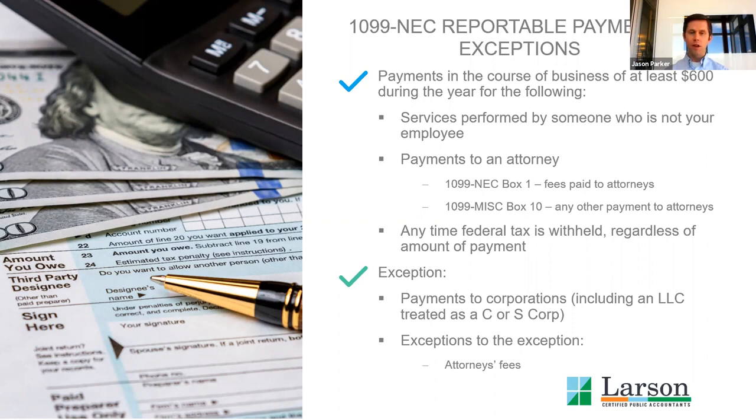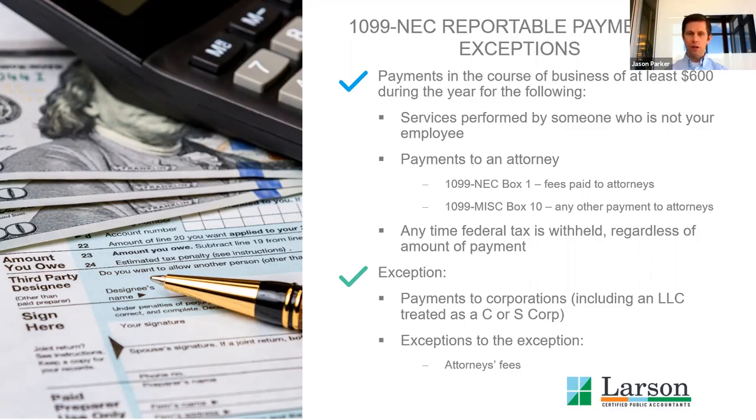And this is from the form instructions on the IRS website, so that'll be a good resource when you are completing Form 1099 NEC. So you use it for payments that are at least $600 in services performed by someone who is not your employee, or payments to an attorney.